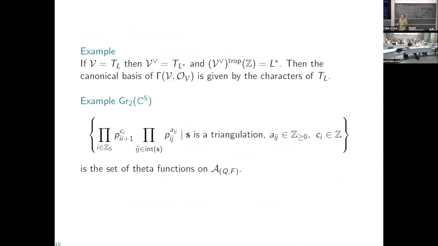So, examples of this are, again, if I go back to toric geometry, where my cluster variety is just a torus, then I know that the character lattice gives me a basis of global functions on my torus, right? And the characters are parameterized by the dual lattice L star.